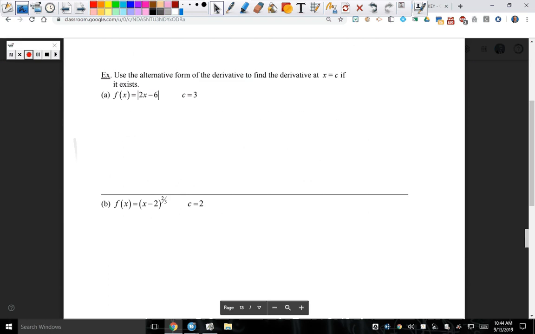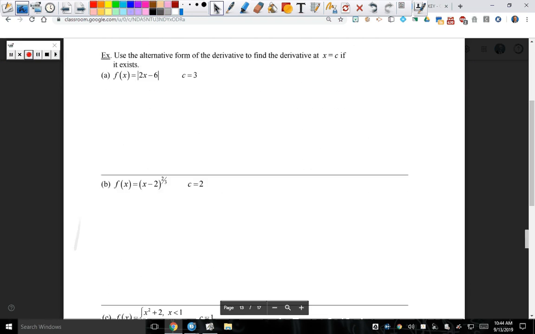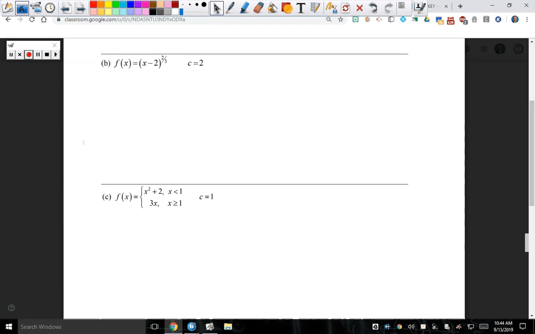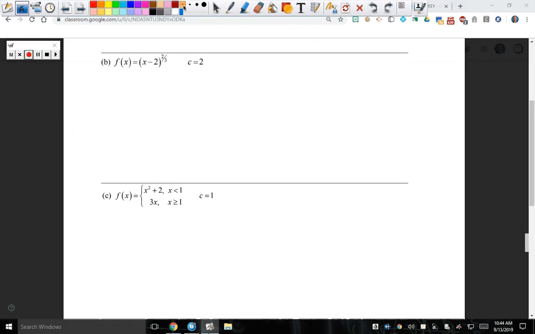Okay. So now, let's use the alternative form of the derivative, and we're going to do this example first. Okay, here we go. I'm trying to find what is the rate of change at 2 on this function right here. So the alternative form that you will have to build, and the work that you're going to have to show for Unit 2, is this.